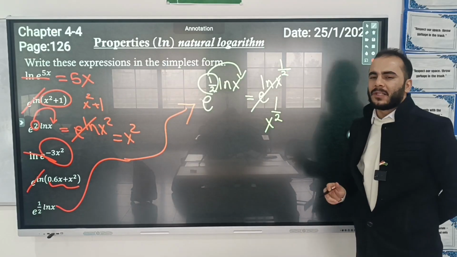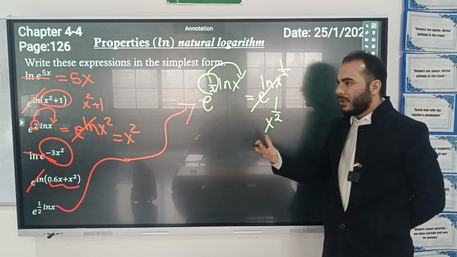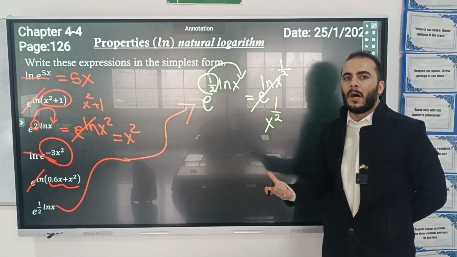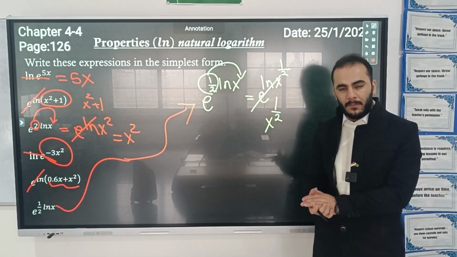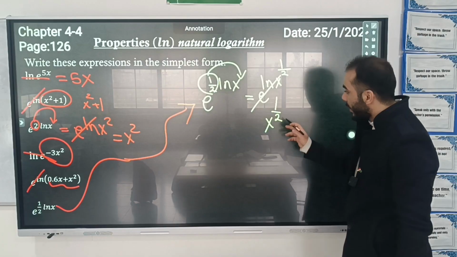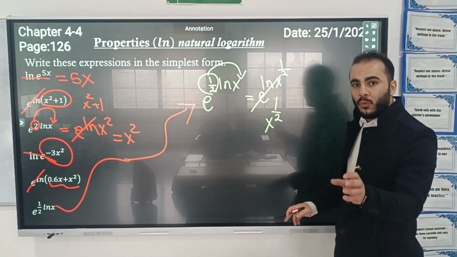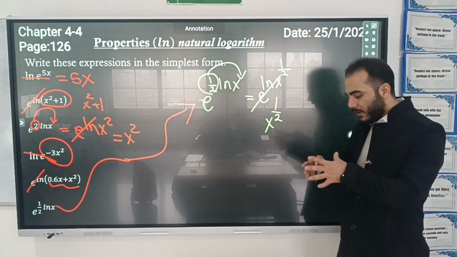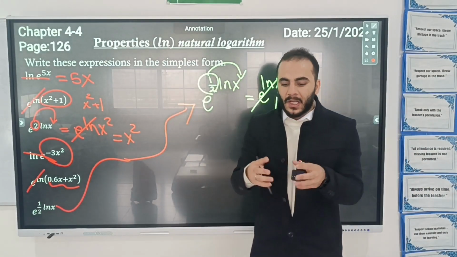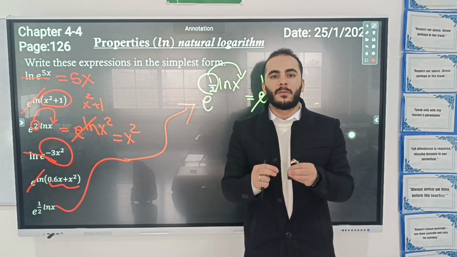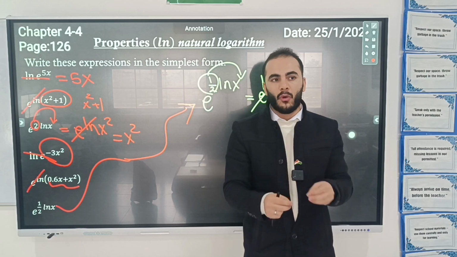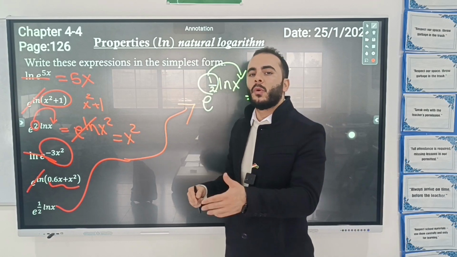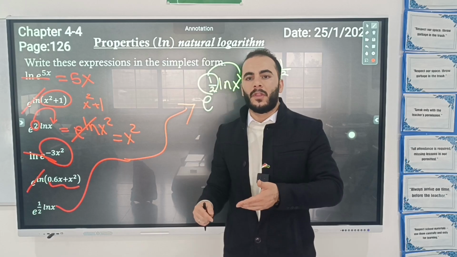So this is the final answer. I will accept it, but in a formal examination, like a ministerial examination, whenever you see such a result, you must turn it to a square root, because the note is saying: if the exponent of a number or variable is 1 over 2, that is equal to the square root of that number or variable.